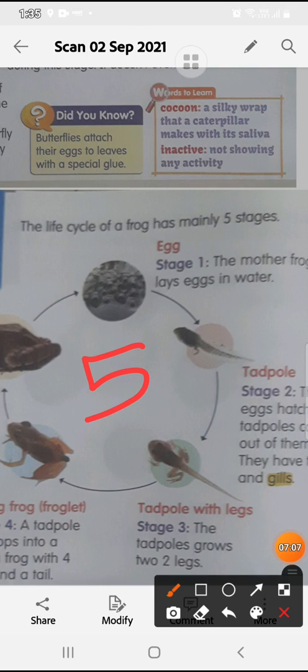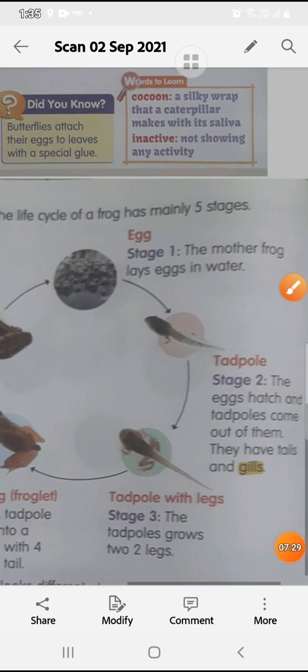So all the animals lay eggs, but the places are different. Hen lays eggs on the ground, butterfly lays eggs on the leaves, and frog lays eggs in water.